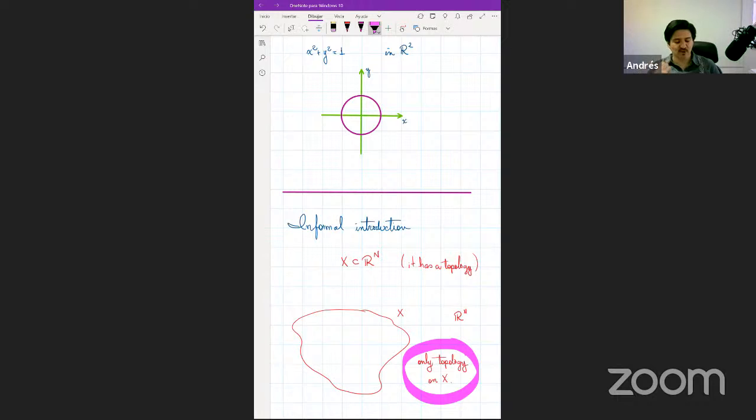If you have a function from X to the reals, you can decide if it's continuous or not, because X is a topological space. However, you cannot tell if the function is differentiable or not. And I'm going to use differentiable and smooth in the same way. So the whole idea is to do something to this topological space in order to define smooth functions.